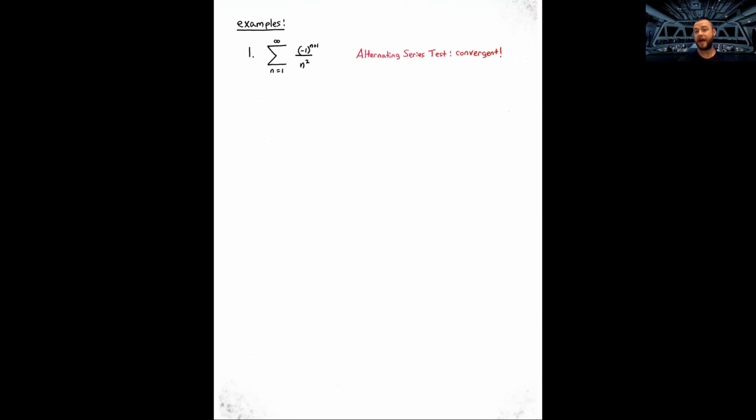We already have covered the alternating series test. If you apply the alternating series test here, you'll find this infinite series is convergent. Just to be clear, the alternating series test tells us about our basic notion of convergence rather than absolute convergence. So by applying an old test, the alternating series test, we find this is convergent.